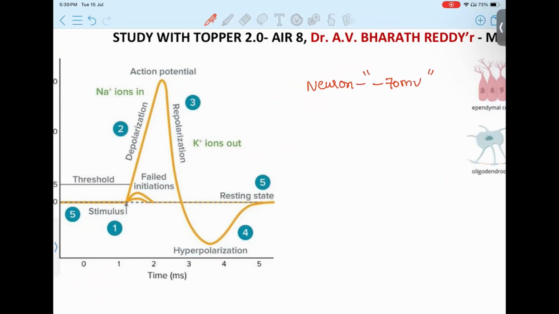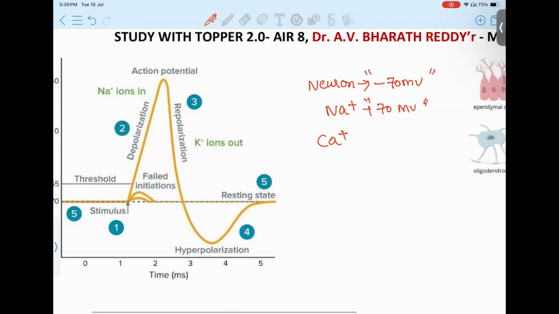Sodium is around plus 70 millivolts, and calcium is the highest, around plus 130 millivolts. Your cardiac muscle and smooth muscle both have minus 90 millivolts. This is how the resting membrane potentials are commonly presented.